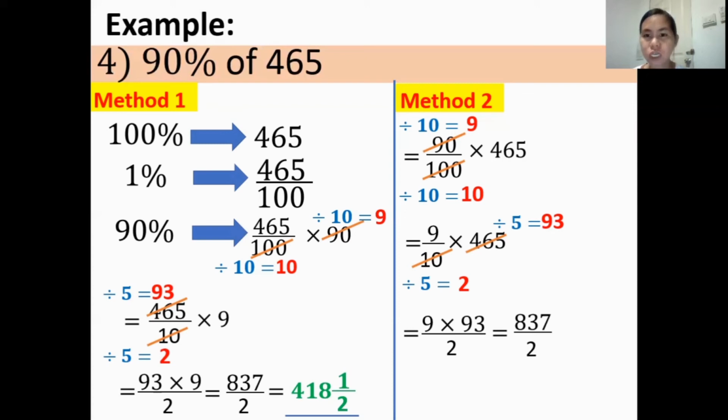Using the long division, 837 divided by 2 equals 418 and 1 over 2. So, the 90% of 465 is equal to 418 and 1 over 2.